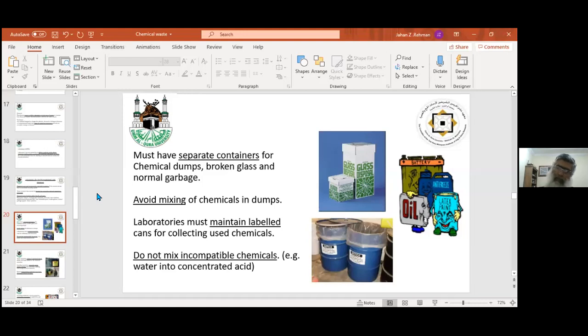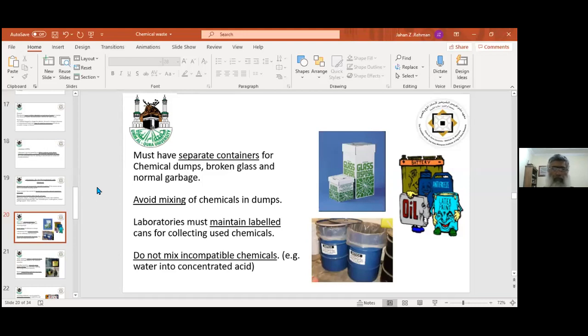So every chemical has its separate dustbin or a separate canister to put in. The best way is to use the same bottle. For example, if you purchased an acid a year before and you used the whole acid, so this bottle is empty, do not throw it out. You may use this empty bottle for the waste of any other chemical or the same chemical.